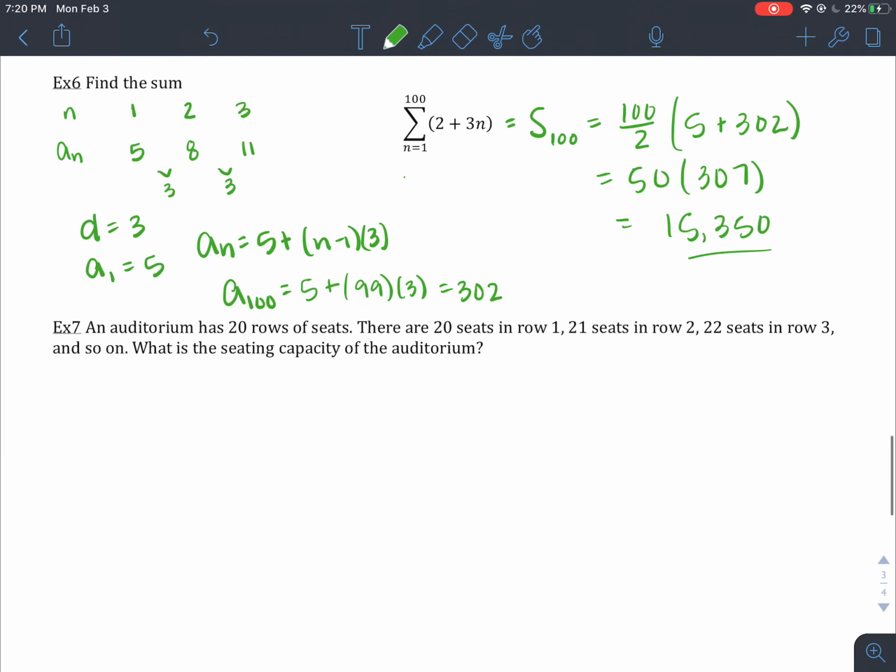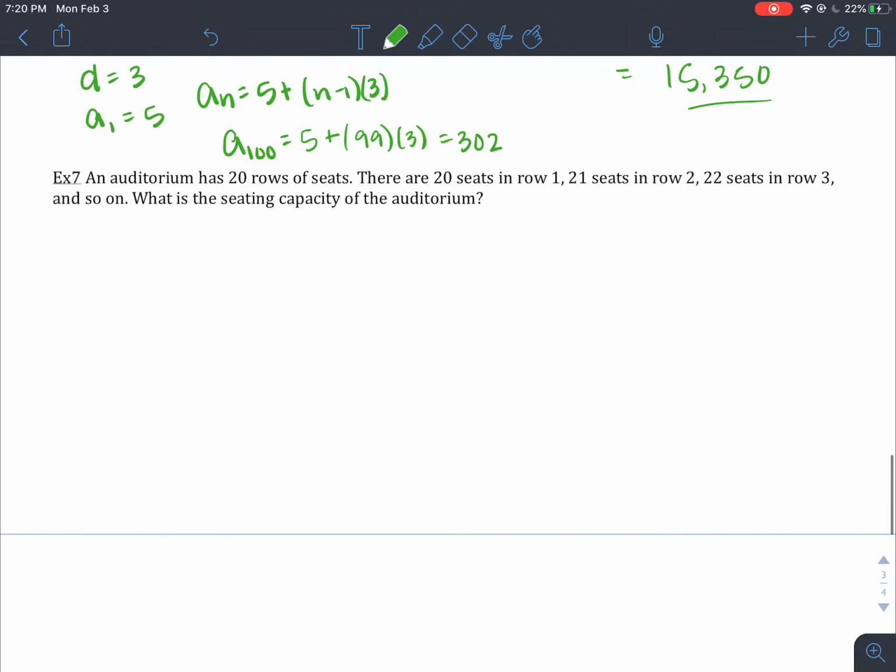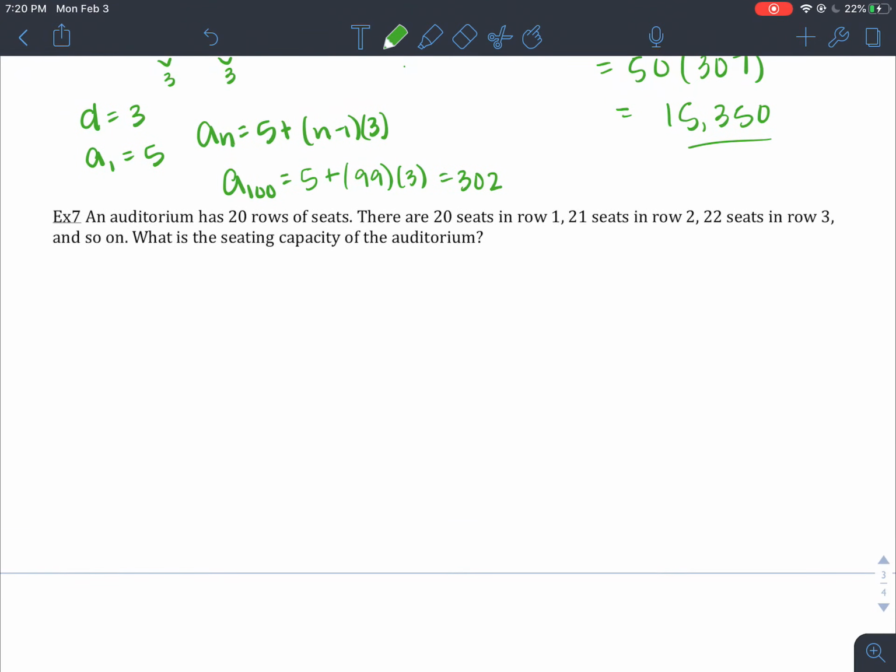All right. Last example, a little bit more of an application type problem. We have an auditorium. It has 20 rows of seats. There are 20 seats in row 1, 21 seats in row 2, 22 seats in row 3, and so forth. What is the seating capacity of the auditorium? So let's practice. Let's write this in our a sub n format.